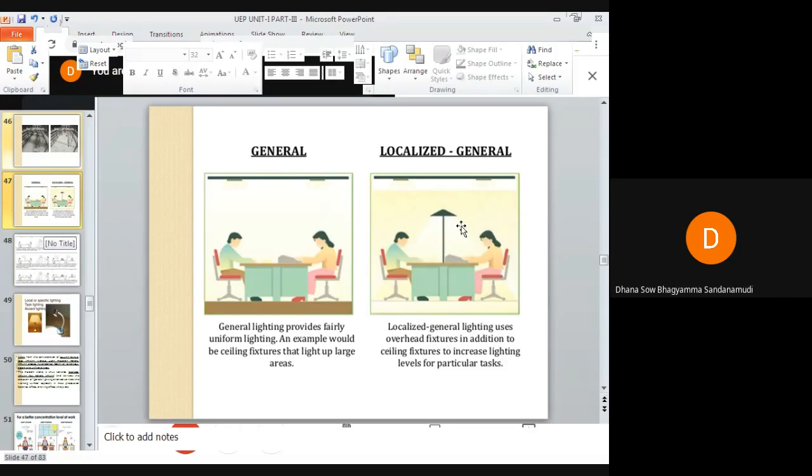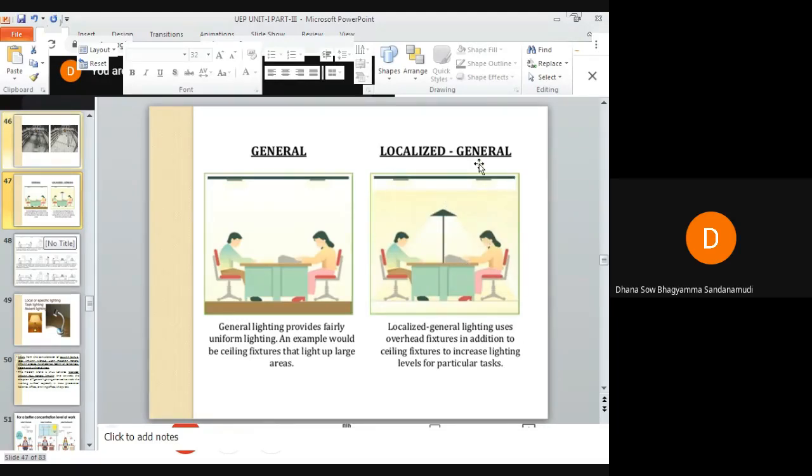Along with that, this table lamp is also providing enough lighting to help them do their work properly. So this is the addition of localized lighting along with the general lighting. Local lighting means wherever we are doing the work, if I fix the lamp at that particular place, that is our localized lighting.